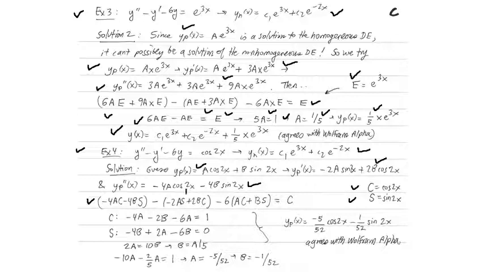This is the expression that we came up with for y prime, minus 2as plus 2bc, minus 6y particular, ac plus bs. And the right-hand side is just c.